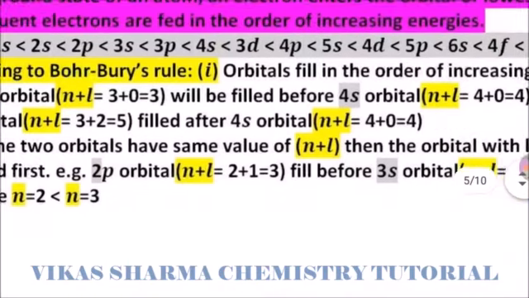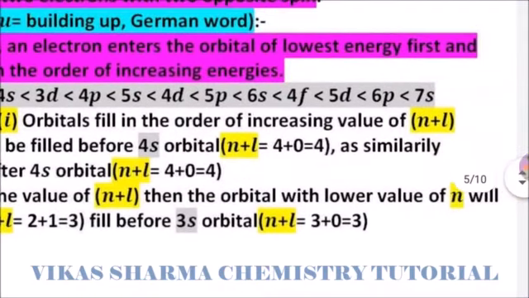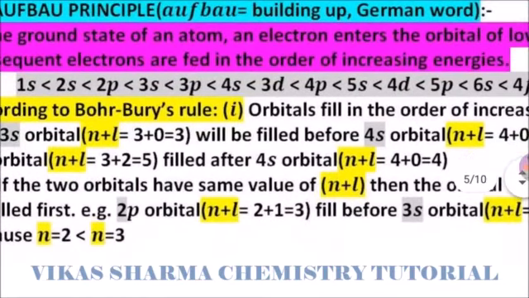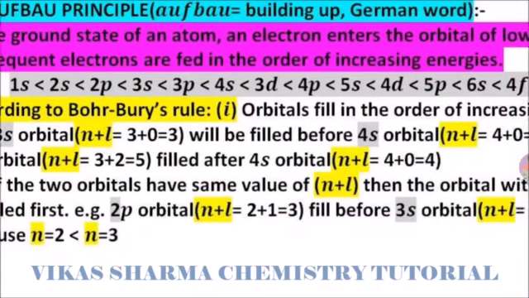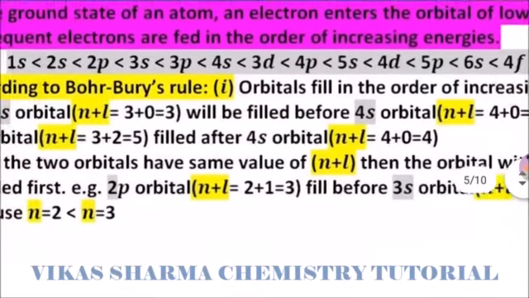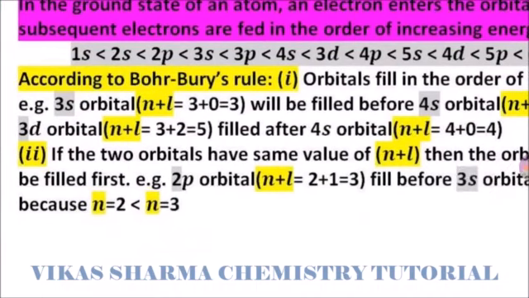Next, if two orbitals have the same value of n plus l, then the orbital with the lower value of n will be filled first. For example, the 2p orbital, n plus l is 2 plus 1 is equal to 3, so it fills before the 3s orbital, because for the 3s orbital 3 plus 0 is equal to 3. So which one has the lower quantum number? It is filled first.